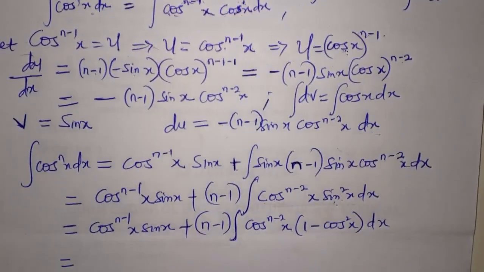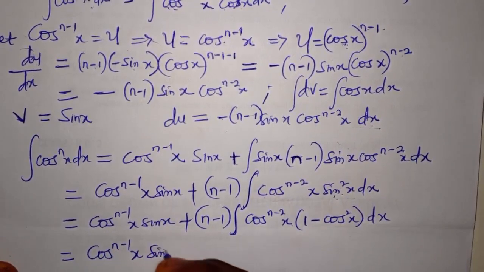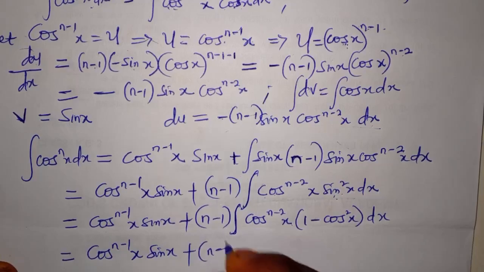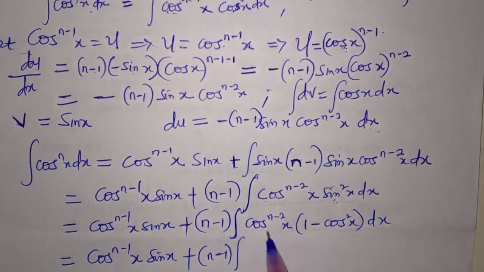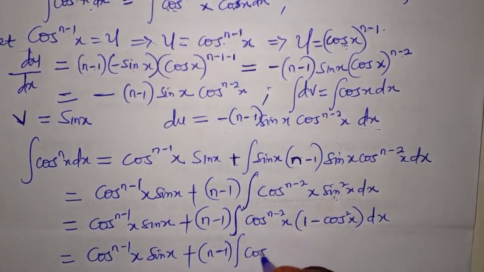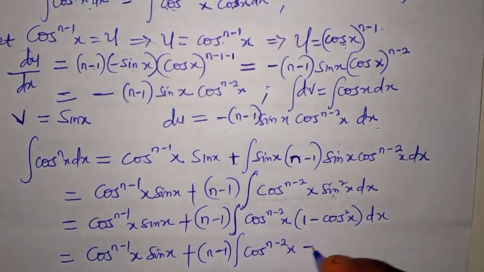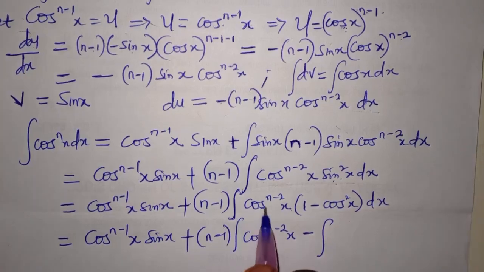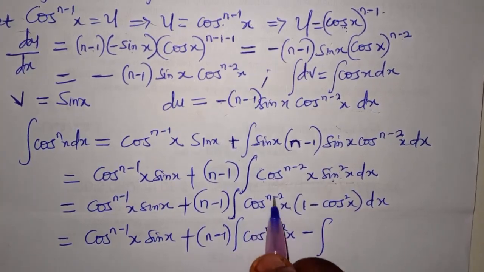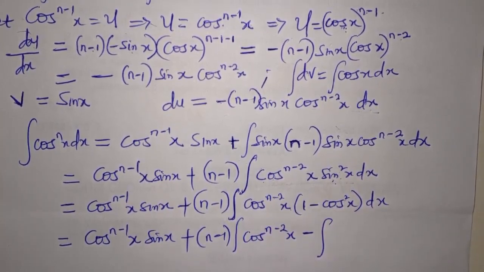So this is equal to cos^(n-1) x sin x plus (n minus 1) into the integral of this times this, we still have cos^(n-2) x, and this times this we now have, I'm splitting the integral now, since they have the same base I will add their powers. n minus 2 plus 2 is n.